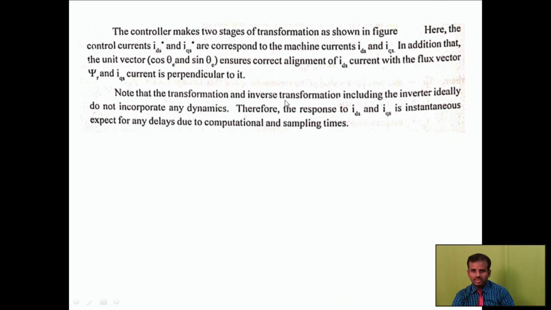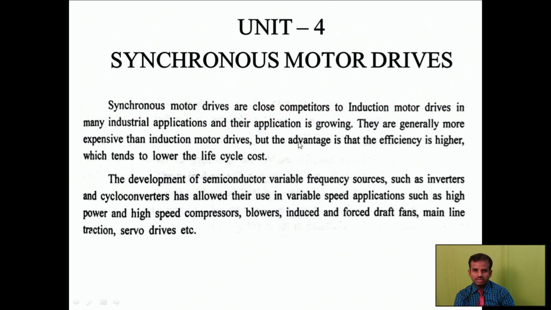Note that the transformation and inverse transformation, including the inverter, ideally do not incorporate any dynamics. Therefore the response to IDS and IQS is instantaneous, except for any delays due to computational and sampling times.